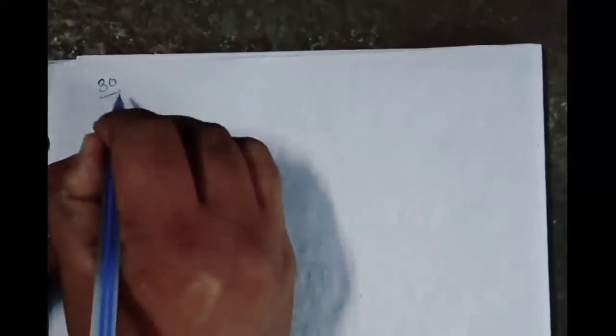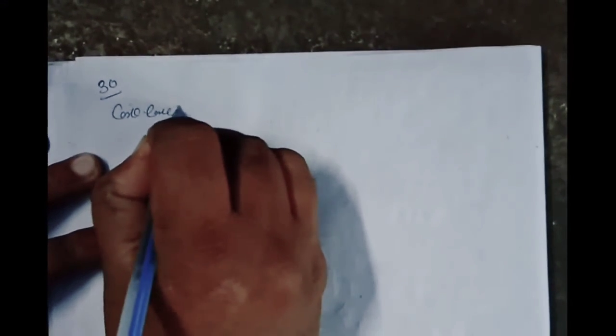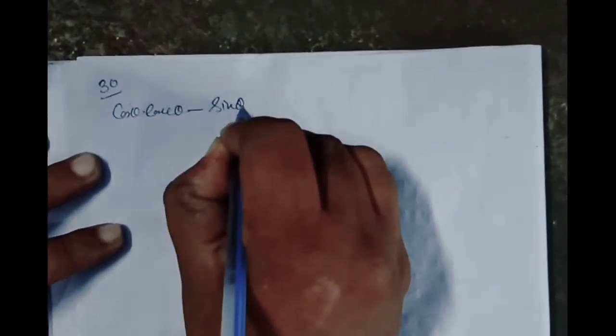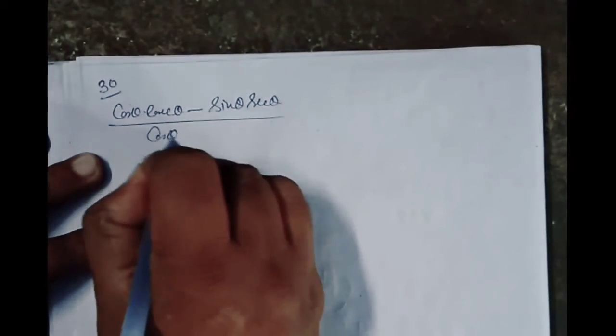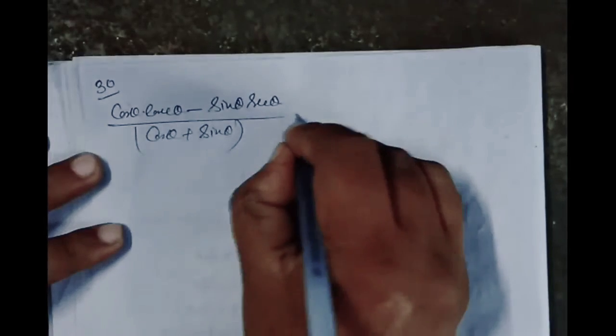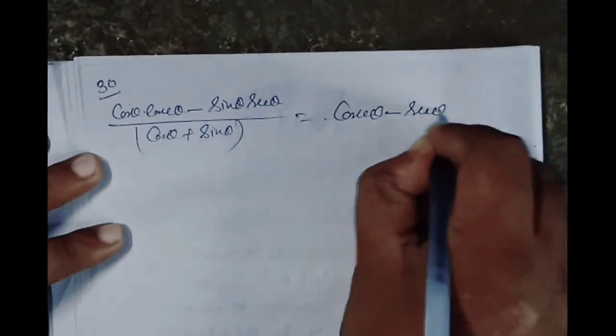Next, question number 30. It is given as (cos theta cosec theta minus sin theta sec theta) by (cos theta plus sin theta) equals cosec theta minus sec theta.